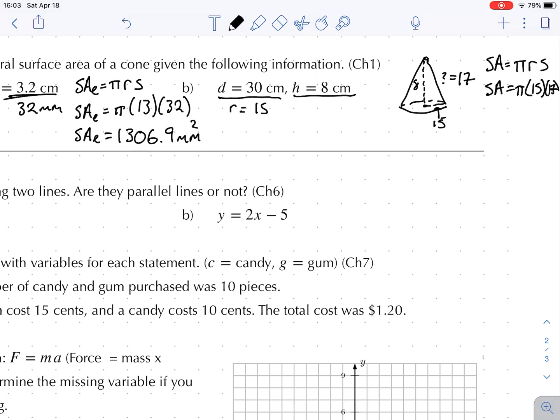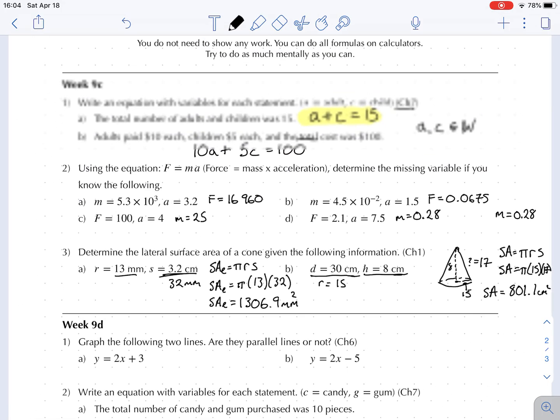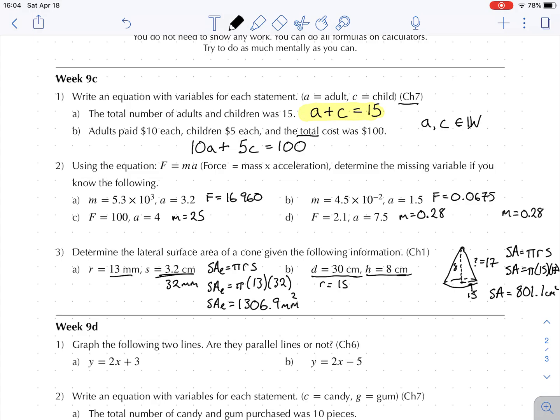Pi times our radius is 15 times 17. Oh, I'm getting real close to the edge here. So surface area is equal to, well, let's just make sure everything's in centimeters. Okay, that's good. So we do 15 times 17 times pi. 801.1 centimeters squared.